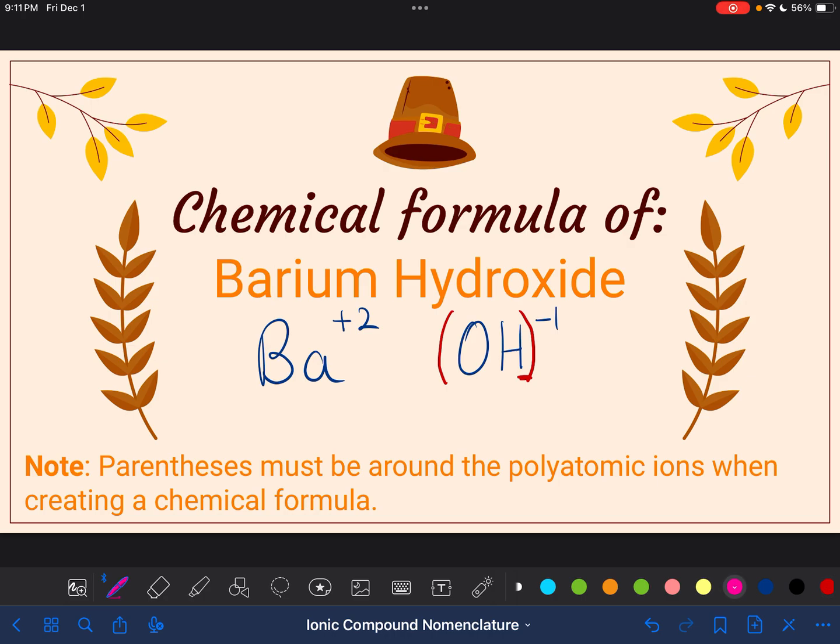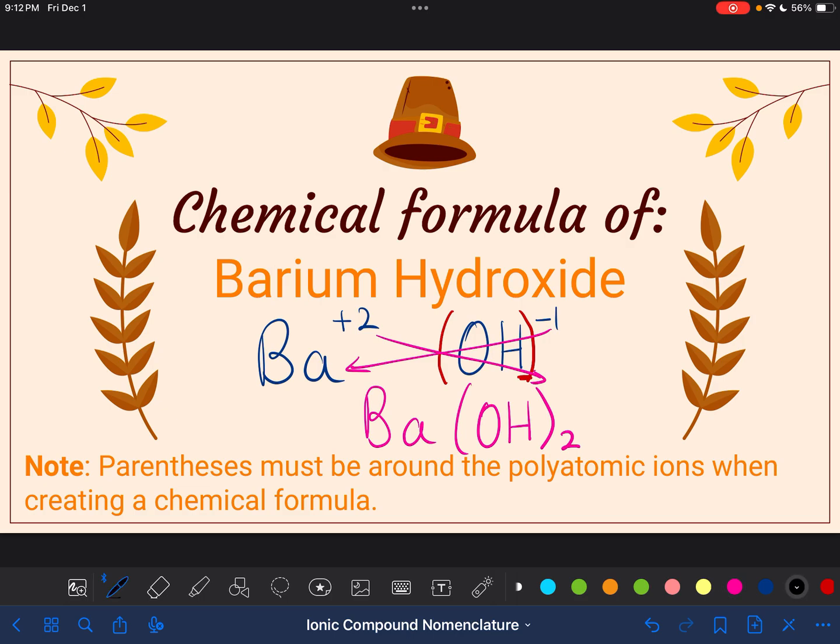So if we crisscross the numbers, your answer will become Ba, parentheses OH, close parentheses, 2. So remember to put parentheses over OH or over polyatomic ions. There's a big difference.